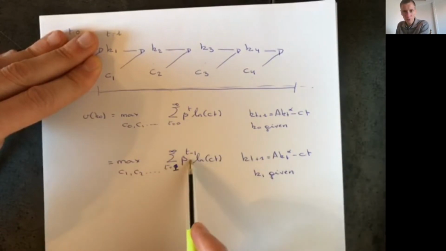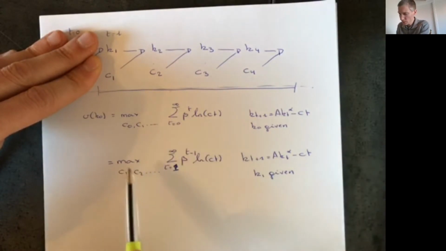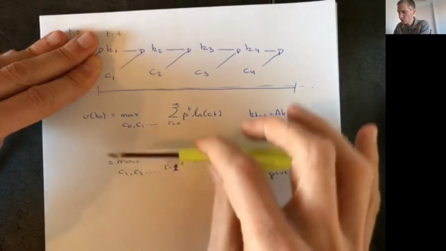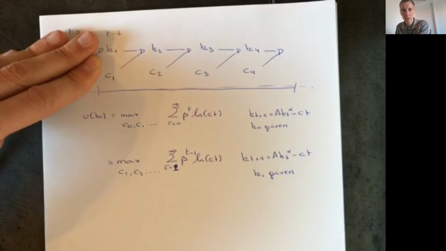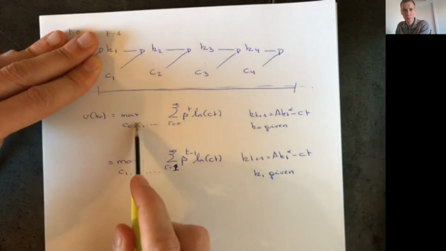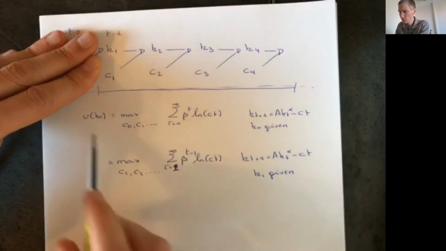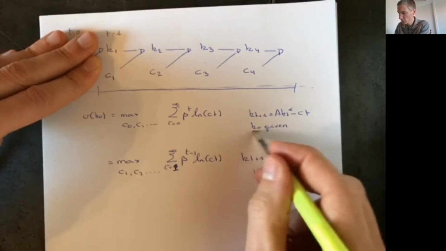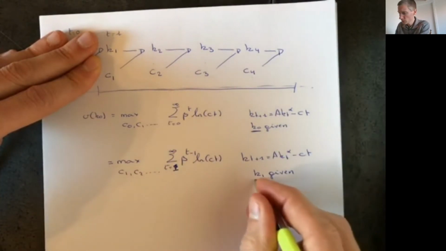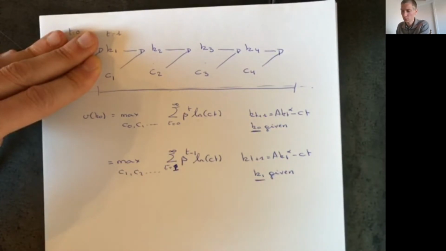So if I compare this problem with this problem, basically there's not much difference, right? So from a formal point of view, these two problems are identical. Okay, if I shift everything here by one period backwards, I basically have this problem. So the only difference between these two problems lies in the parameter k, because here I start at k0 and here I start at k1.